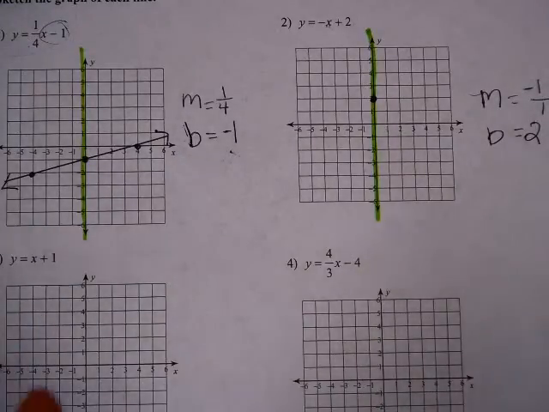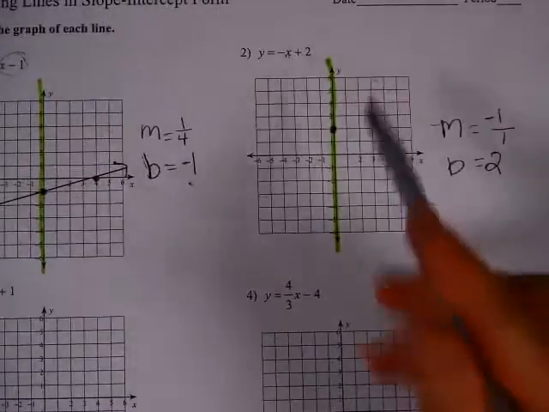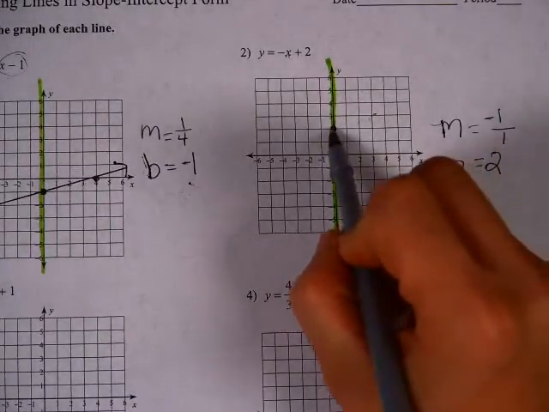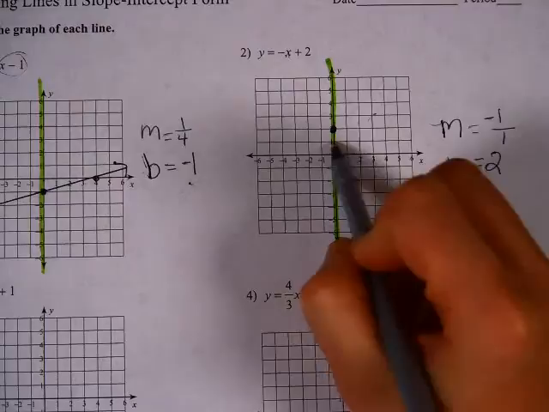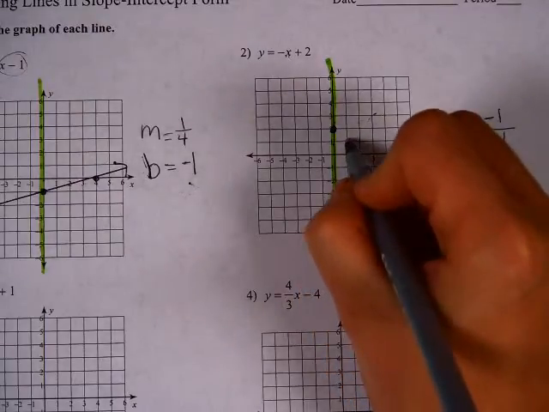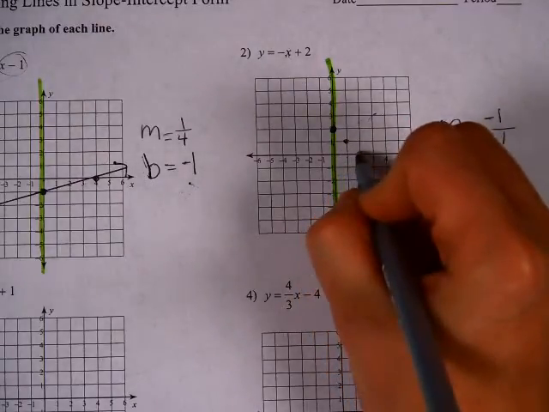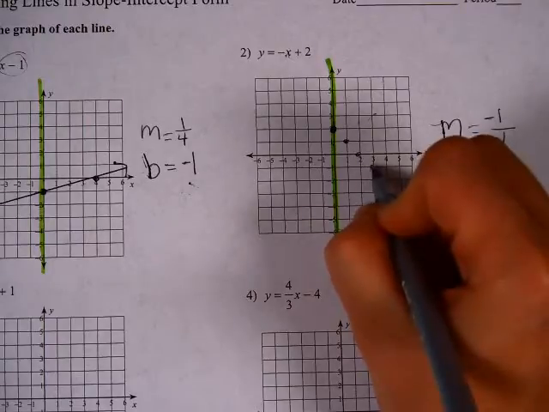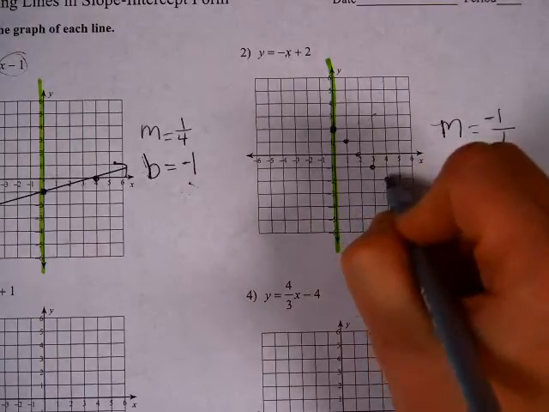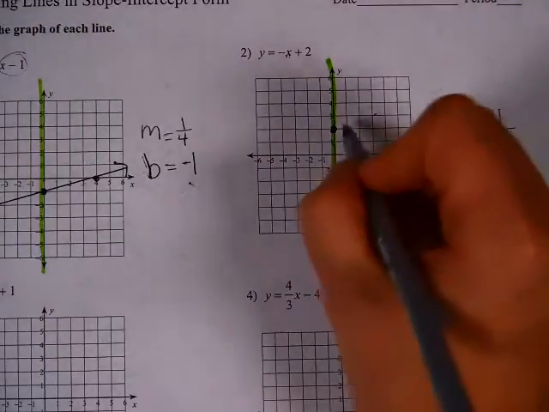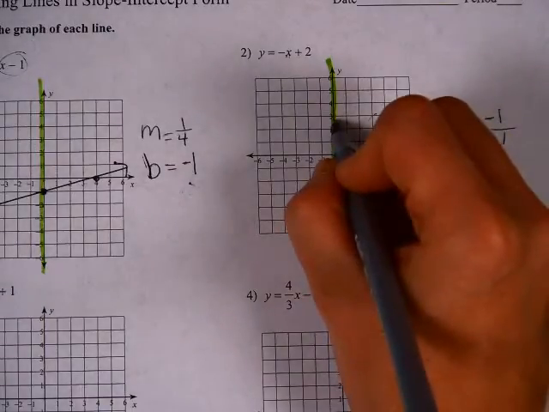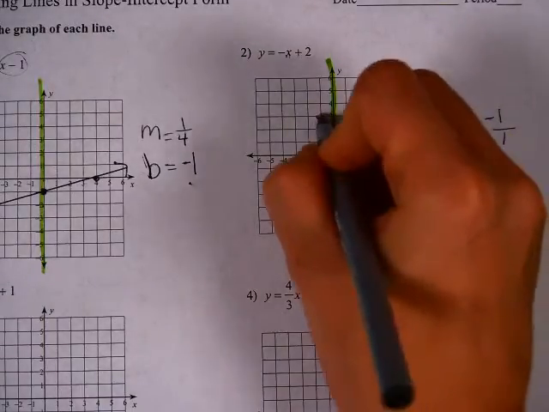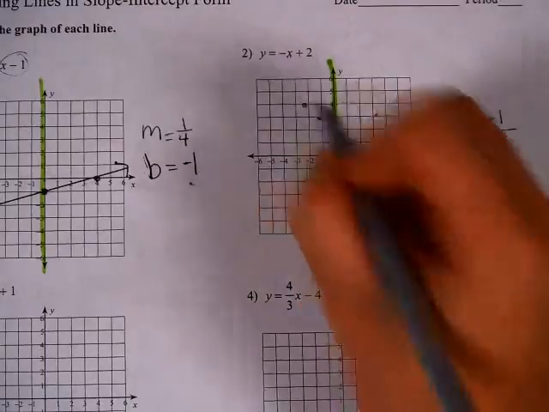Then, -1 over +1. So I can go down negative, but then I have to move positively. And go down 1, positive, down 1, positive, down 1, positive. Or I can rise positively and then go negative. Rise positively, go negative.